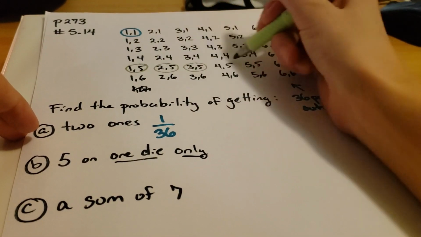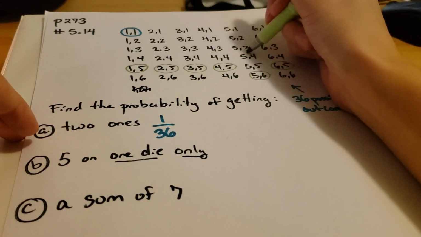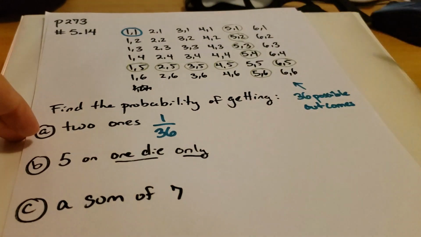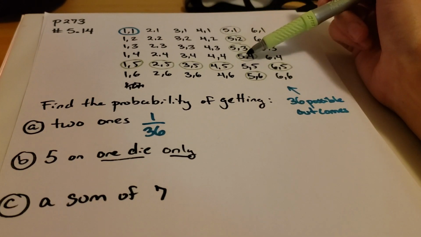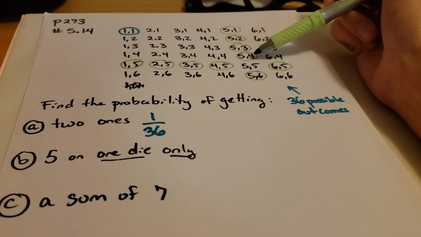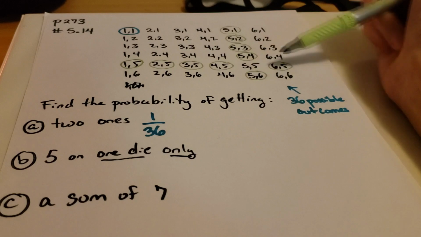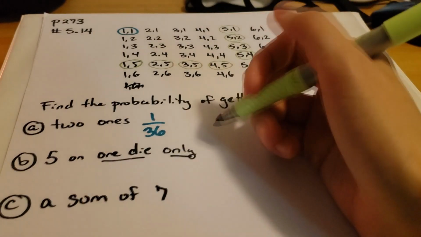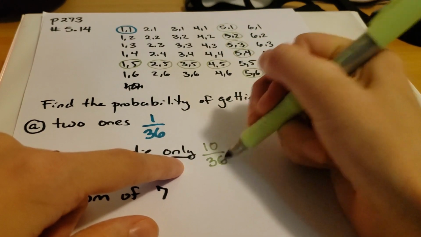Similar over here, that's another one. So these are all of the ways where we can roll, right? Everywhere here we have a 5 on one of the dice and a different number on the other die. Okay, so now if we count this up, 1, 2, 3, 4, 5, 6, 7, 8, 9, 10, there's 10 different ways that can happen. So our probability here is going to be 10 out of 36.